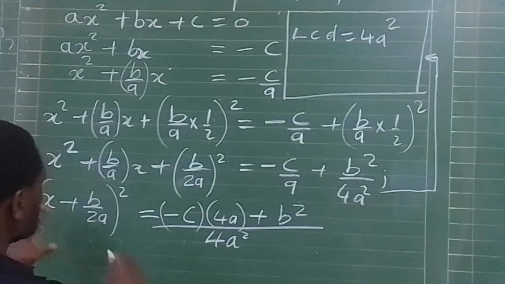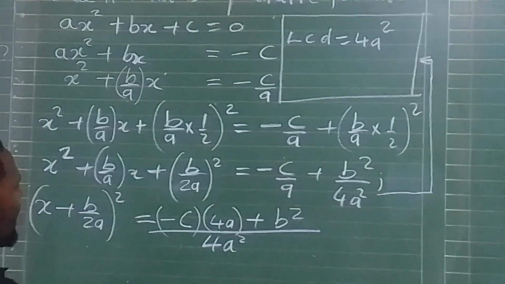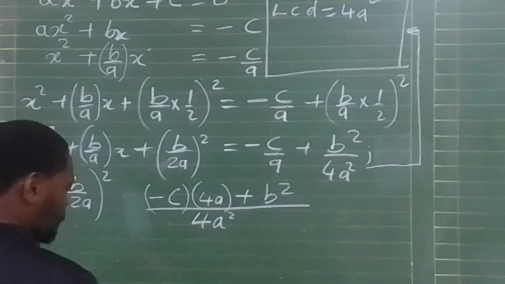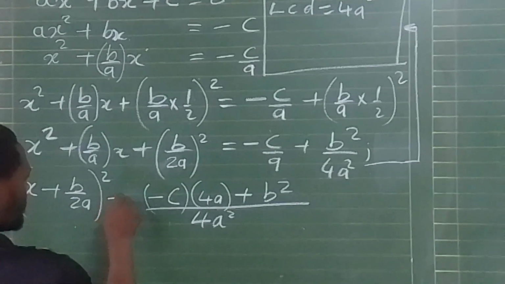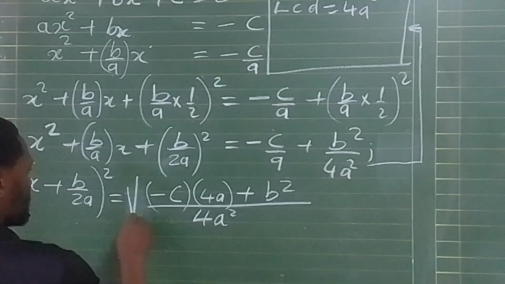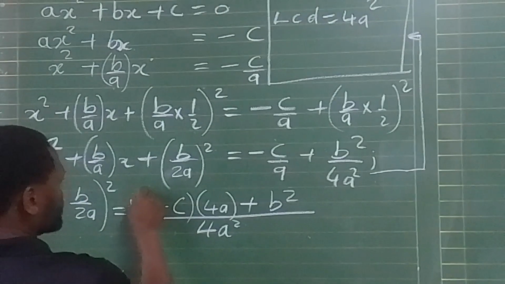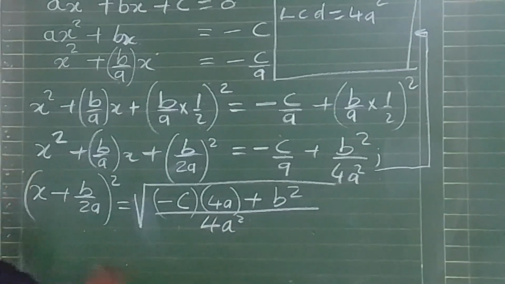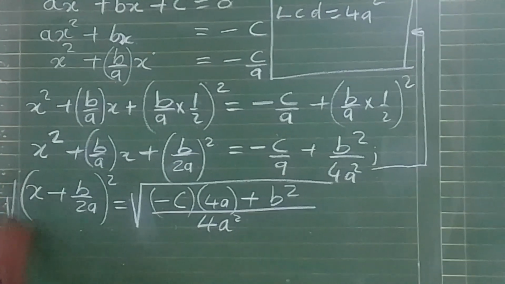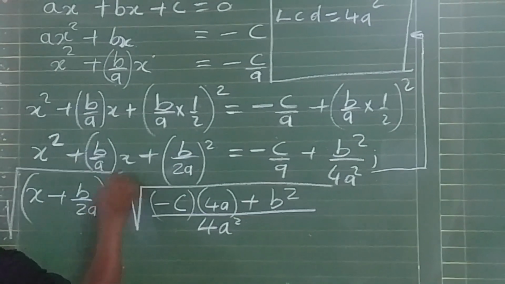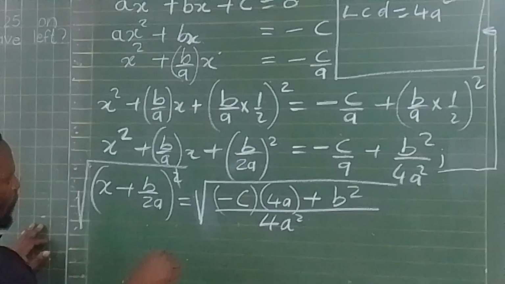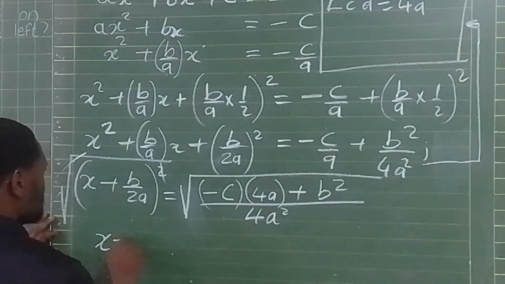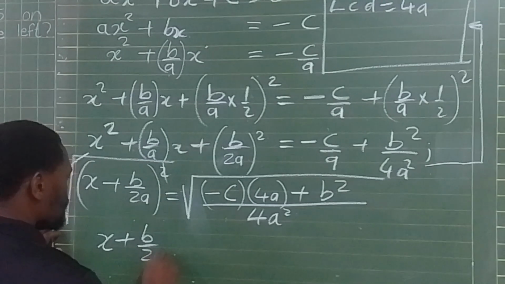Now we are going to take a square root on both sides. When we take the square root on this side, we also take the square root here. The square root cancels the square, and you will be left with x plus b over 2a.